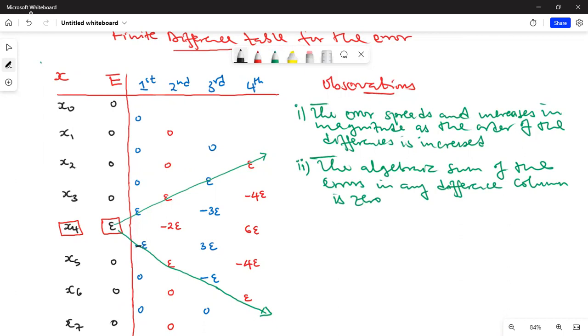So if I add the errors, the total of each column, this positive epsilon, negative epsilon, when you add them, that is 0. What about the second order column? Epsilon minus 2 epsilon plus another epsilon, that is 0. What about the third column? If I take this plus this plus this plus this, I get 0. Again, fourth column, if I take this plus this plus this plus this plus this other one, I'm going to get 0. So that explains the second observation.